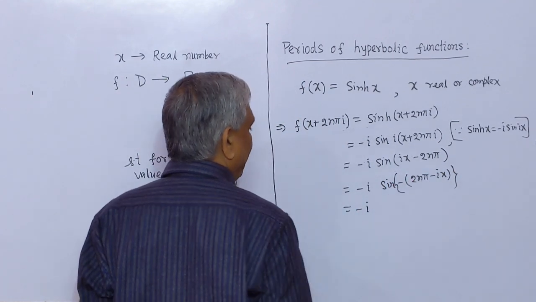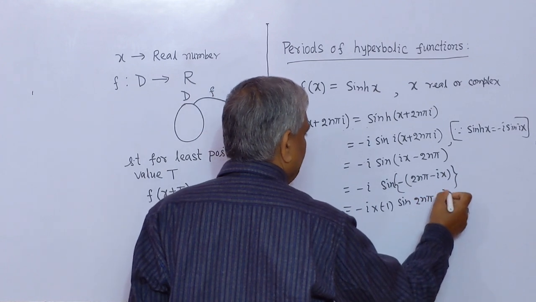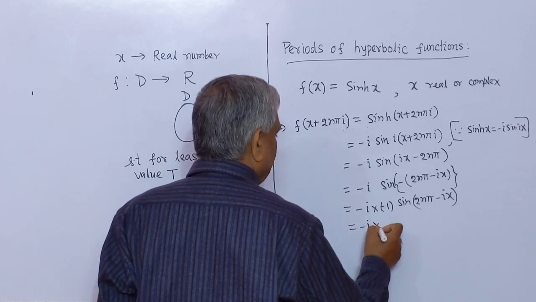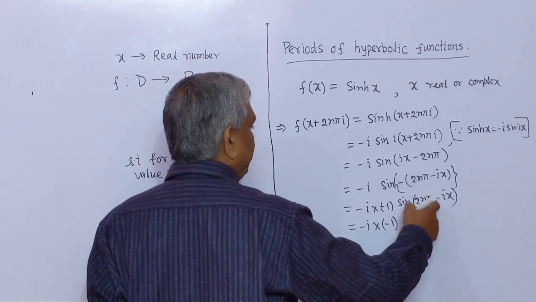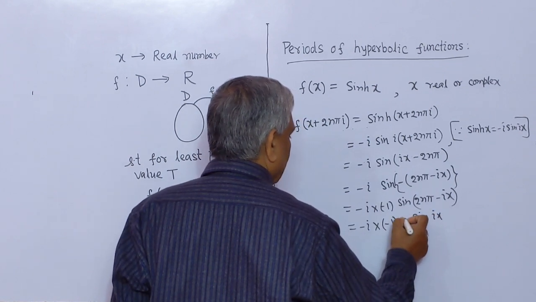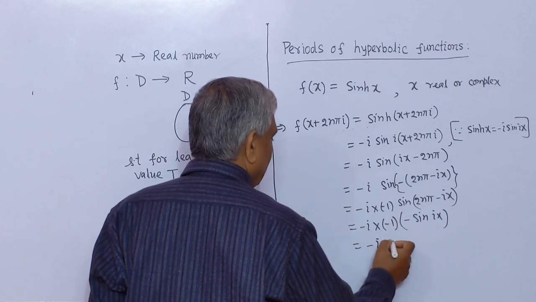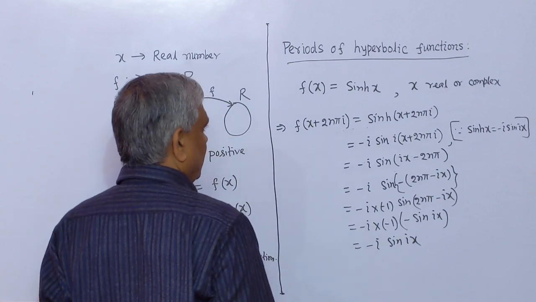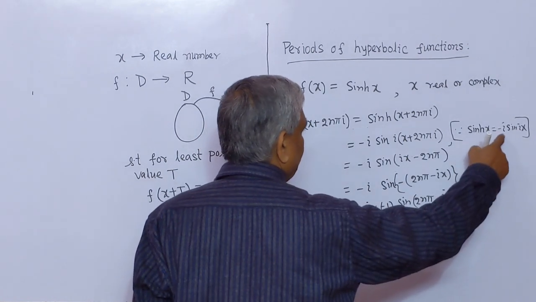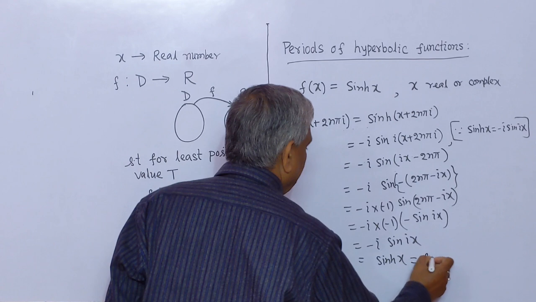Sine of minus theta means minus sine theta, multiplied by minus 1, sin(2n pi minus ix), and this is equal to minus i multiplied by minus 1, sin(2n pi minus ix) means minus sin ix, and this will be equal to minus minus plus, here minus i sin ix, which is equal to sinh x, since minus i sin ix means sinh x, and this is equal to f(x).